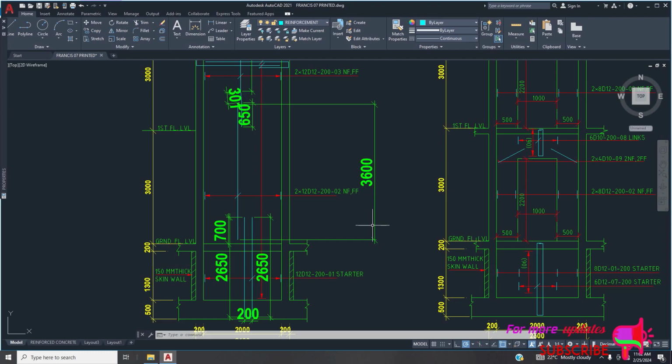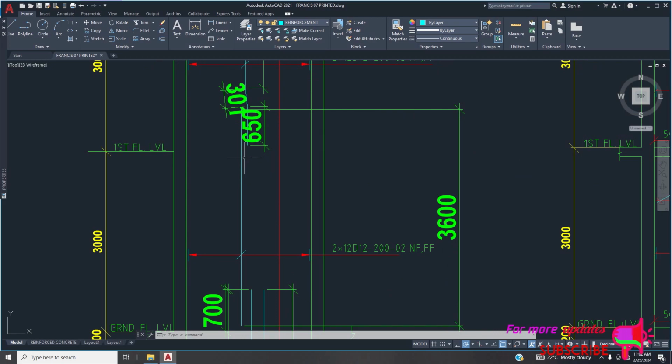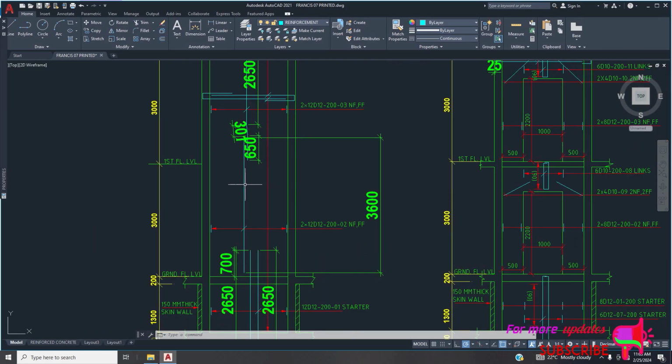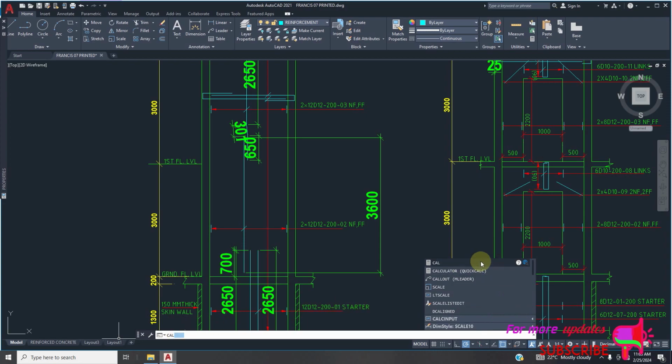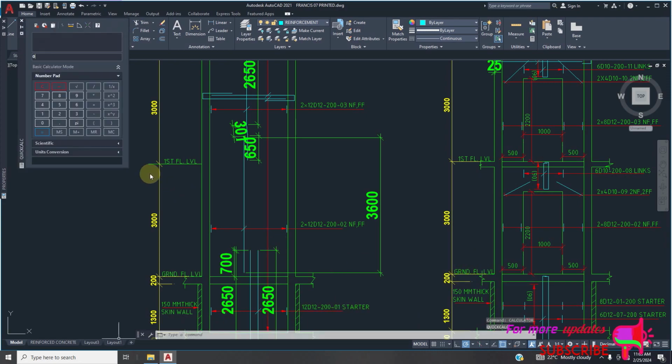And you can see the rebar has a total length of 3600. If I can use my calculator, we can see that our rebar is usually 12 meters, that is 12,000 millimeters.